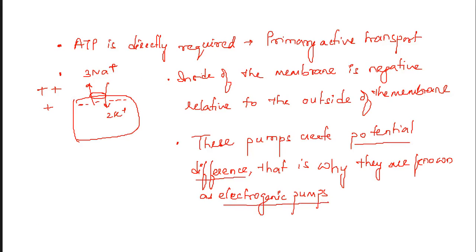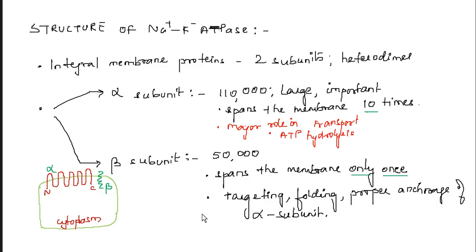Another important thing which I said is that the alpha subunits are mainly involved in the transport of sodium and potassium. The alpha subunit of the protein has the potassium binding site, the sodium binding site, and the ATP binding site.